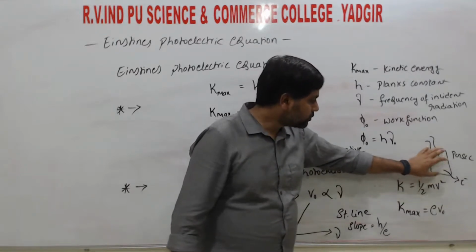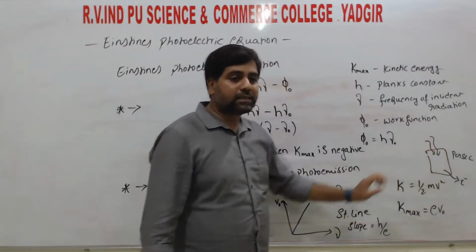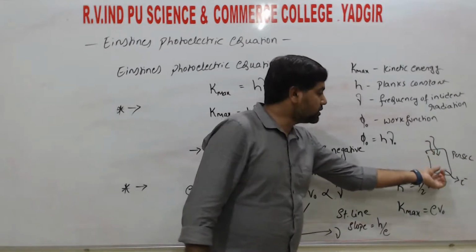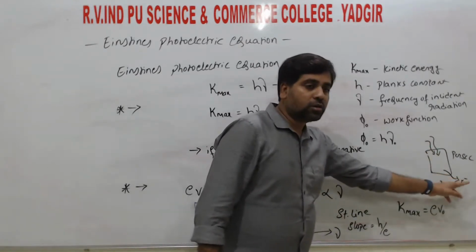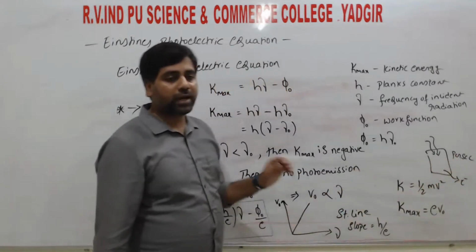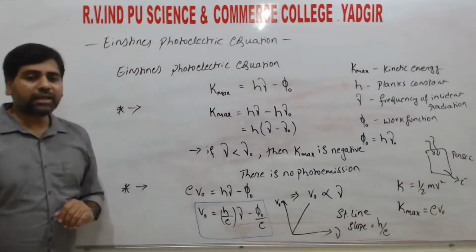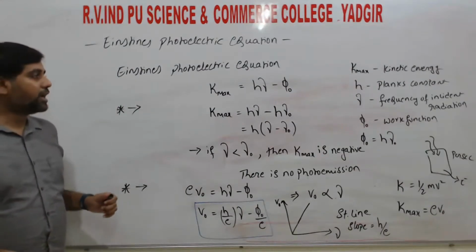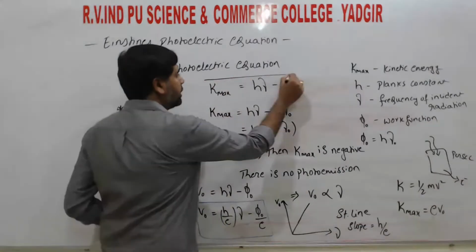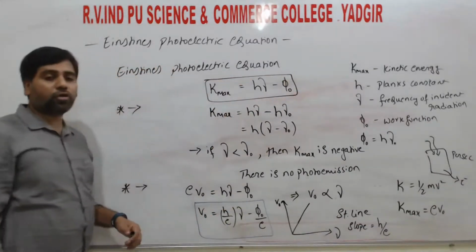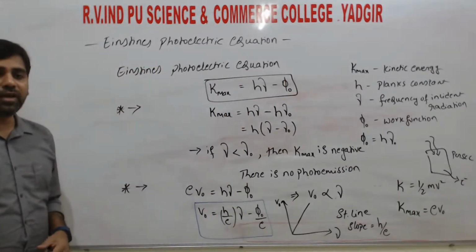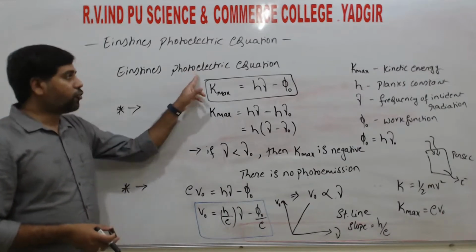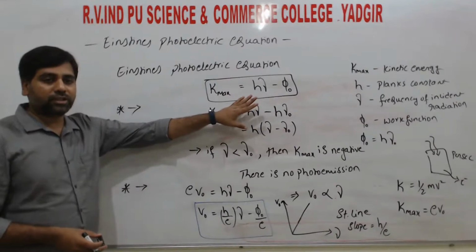Here the collision is elastic in nature, so this collision is very spontaneous, hence the emission of the electron is also spontaneous. Then we say that photoelectric emission is an instantaneous process, right? So these are the 5 experimental and Einstein's photoelectric observations. We need to know the experimental observations and the photoelectric equation observations, right?